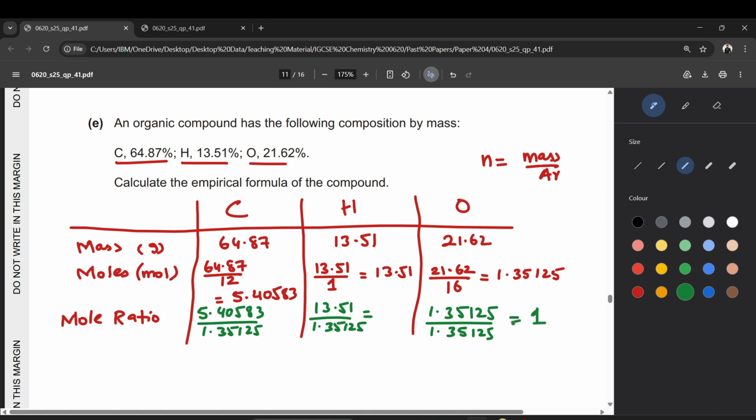Oxygen, 1.35125 divided by 1.35125, turns out to be 1. For the first one, 5.40583 divided by 1.35125 gives me 4. The second one, 13.51 divided by 1.35125, gives me 9.999, so that is 10. Therefore, my empirical formula will be C4H10O.